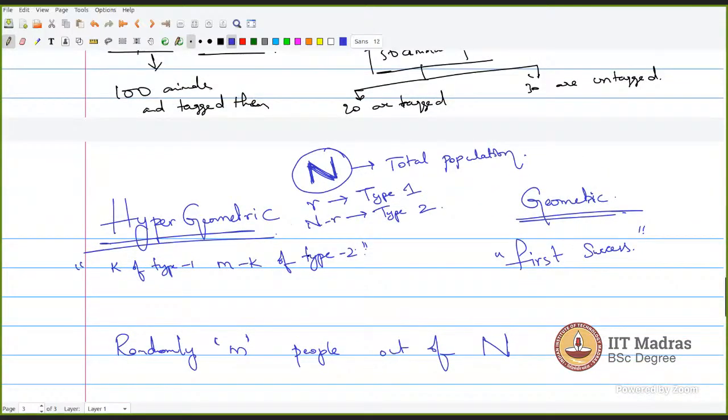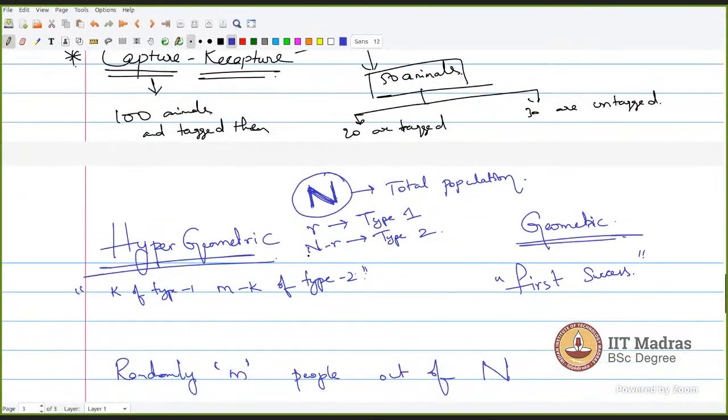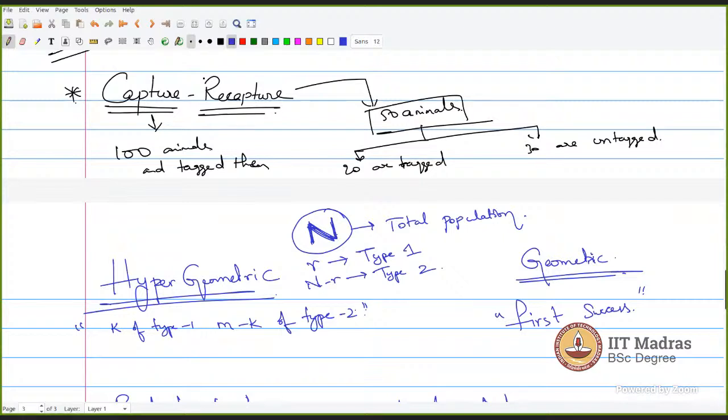So this is same as the capture-recapture case. Initially I have tagged some 100, taggings I have done. That means out of my bigger population N, R denotes my 100. So R denotes the animals which are tagged, type 1, and N minus R is type 2, which are untagged.